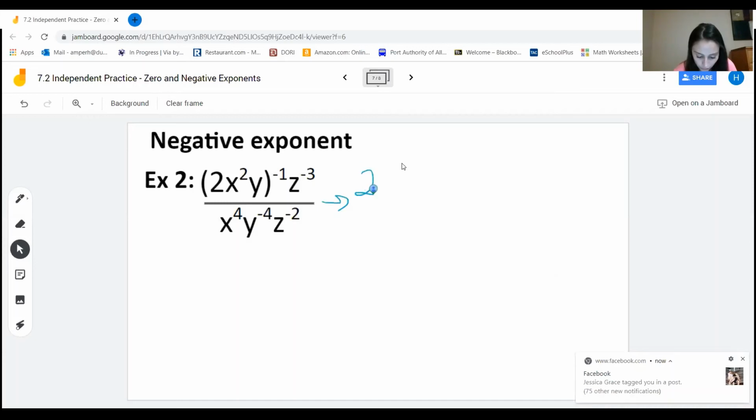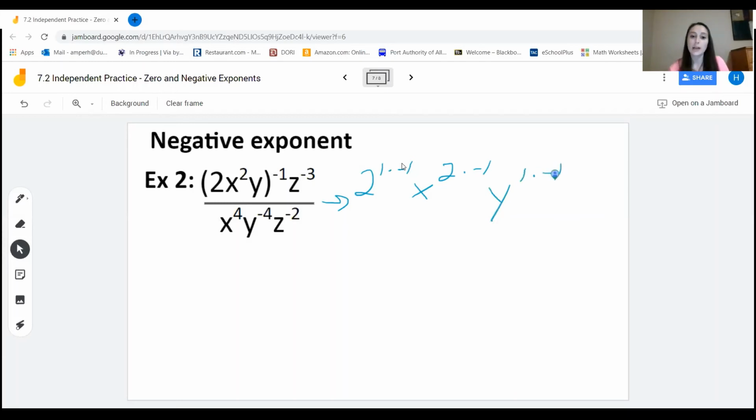So this is going to look like 2 to the 1 times negative 1, x to the 2 times negative 1, and y to the 1 times negative 1, because if it doesn't have a specified exponent, the exponent's 1.